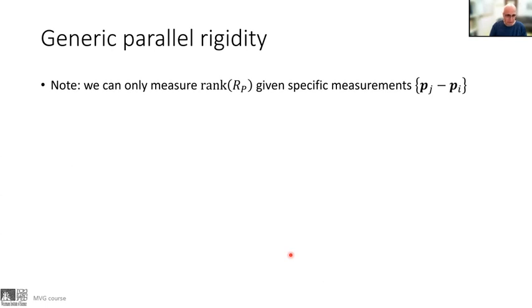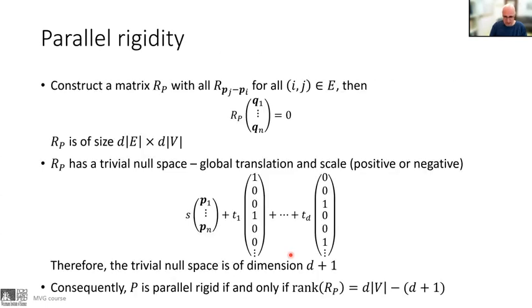Just to complete this, what I showed you is that for specific given points P1 to Pn and the graph, I can tell you that the rank of Rp must satisfy this equation in order for this to be parallel rigid.